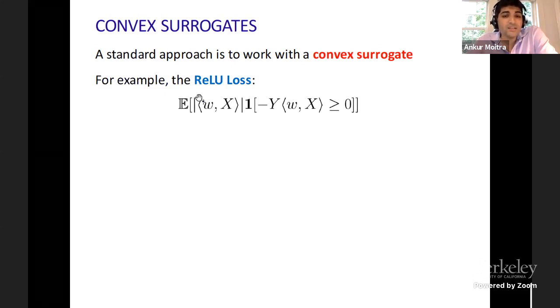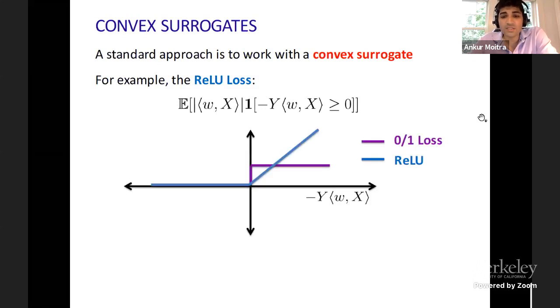So this is what leads to what's called the ReLU loss. It looks almost the same as that description of the 0-1 loss that I gave you earlier, the version with the indicator function. The only difference is that I multiply by the magnitude of the inner product between W and X. So that's the ReLU loss, and we can do the same thing as before. We plot all of our examples.